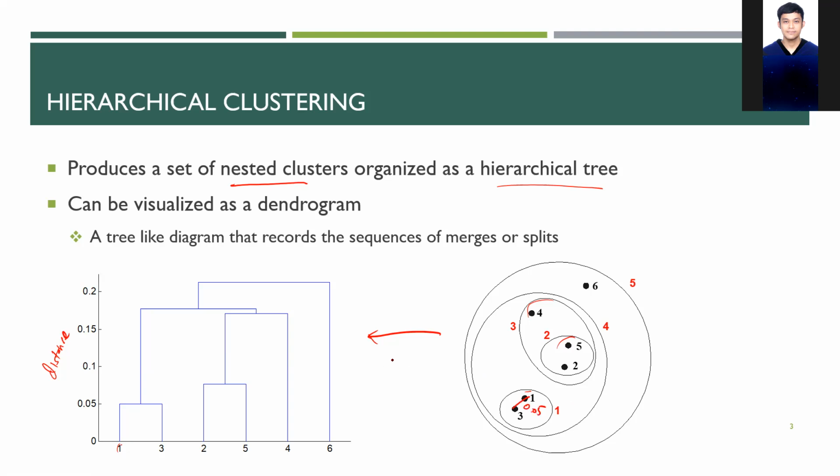Hierarchical clustering will connect the data that are close to each other. Basically, it finds the pair of data with the smallest distance. For example, 1 and 3 is the smallest one, so 1 and 3 become one subcluster.